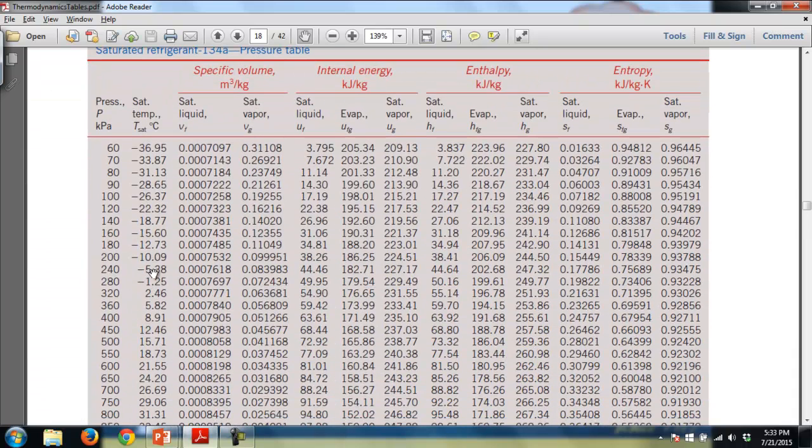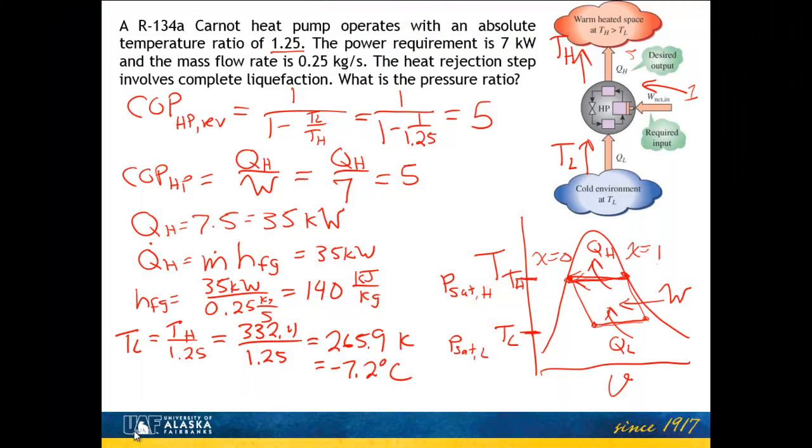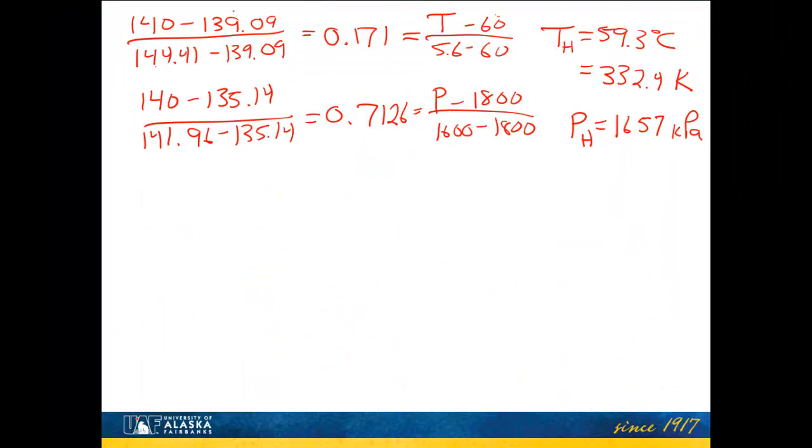All right, so we're looking at minus 7 degrees, and it's between 10.09 and 5.38. So the pressure is going to be between 200 and 240. Let's do that interpolation. This is our final interpolation.